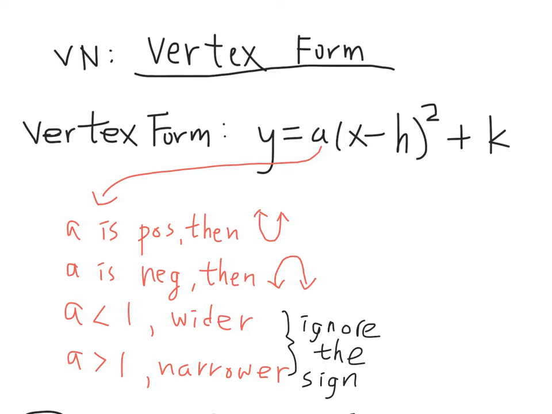Okay, so now we have our h. And with h, you want to write, if you see a negative h, kind of like what you see right here, then the graph shifts to the right. The parabola will shift to the right.